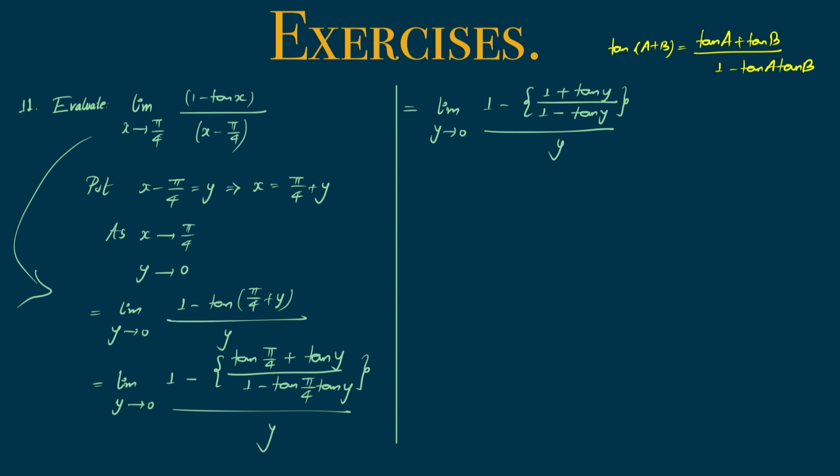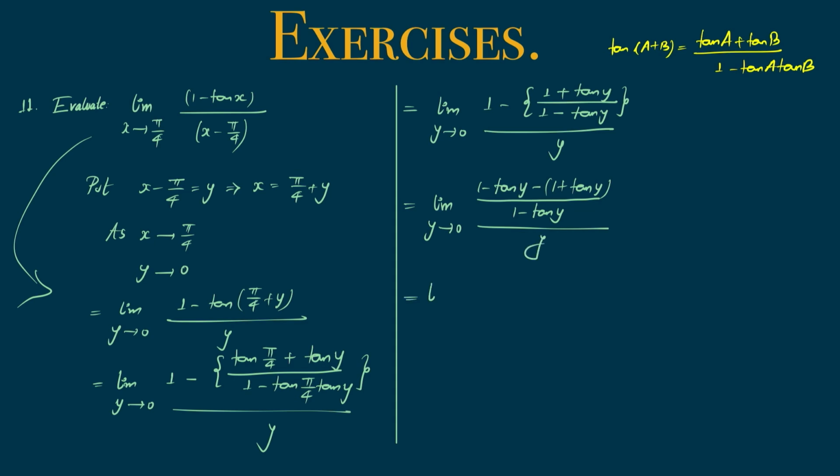Now let me simplify the numerator. It will be limit y tends to 0, and if I take the LCM, it will be 1 minus tan y, and in the numerator it will be 1 minus tan y minus 1 plus tan y, and all of this divided by y.